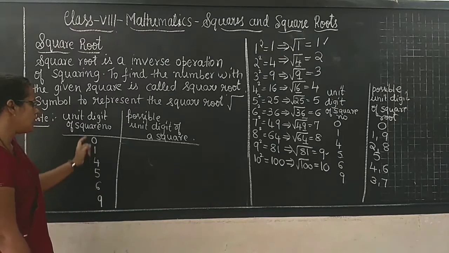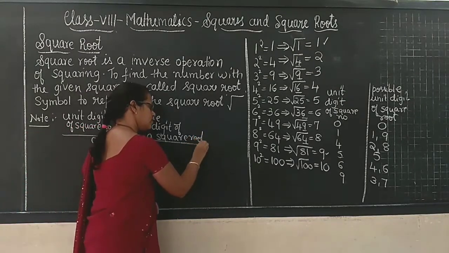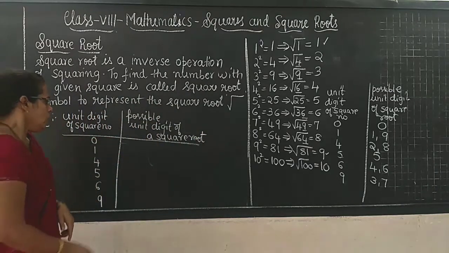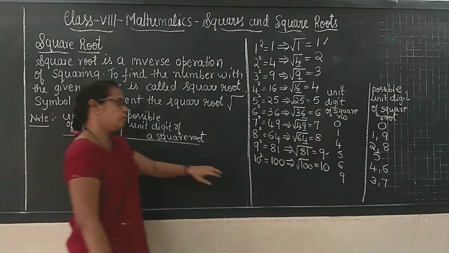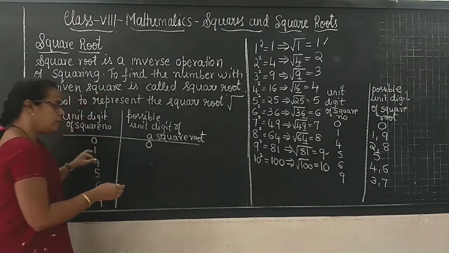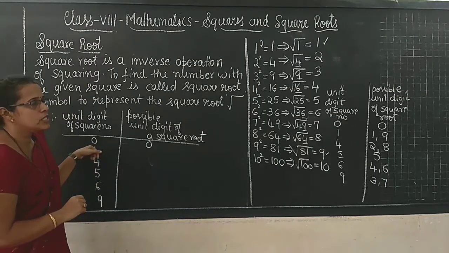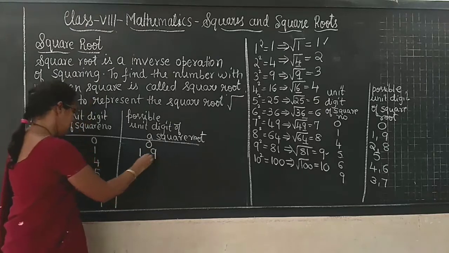Yes, children. Then what is the possible unit digit of square root? Square ends with 0 means square root ends with 0. Yes, children? So 0. Then 1 means any number that ends with 1 in the square, the root ends with 1 and 9.